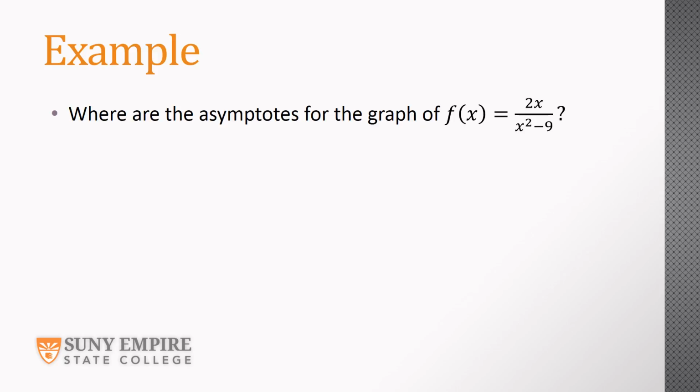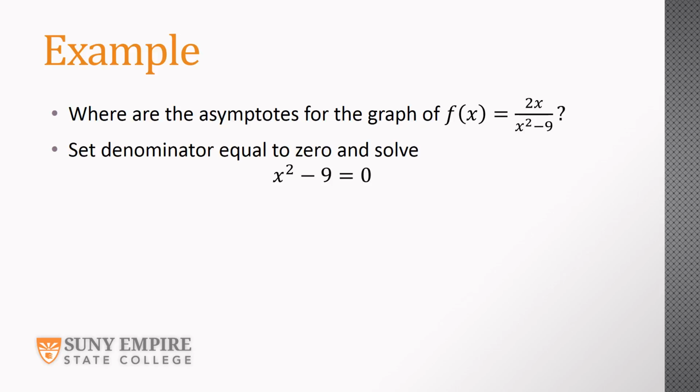Suppose we want to find the asymptotes for the graph of the function f of x equal to 2x divided by the quantity x squared minus 9. To find the asymptotes, we set the function in the denominator equal to 0 and attempt to solve. We have x squared minus 9 equal to 0.